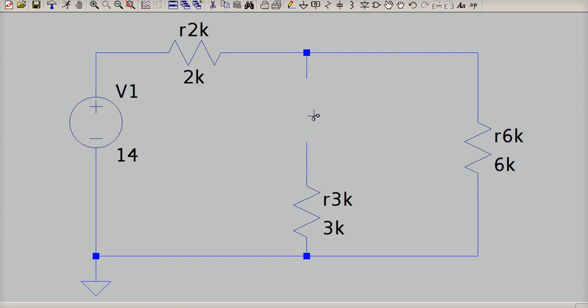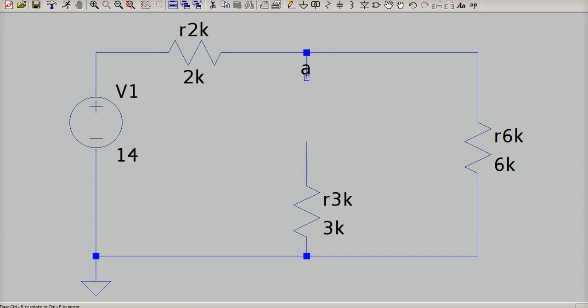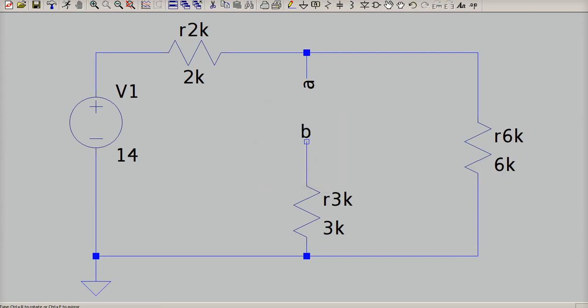and I have a gap there. And if I labeled the gap A and B, which I think I can do. So let's make this point A and this point B. Okay.